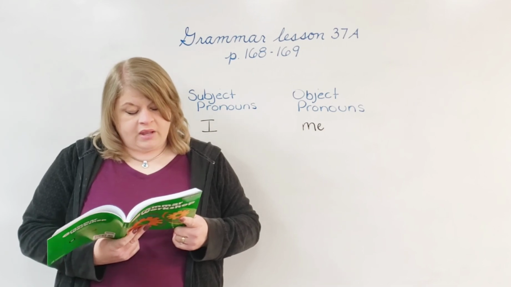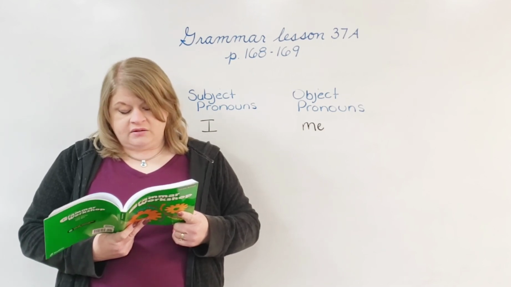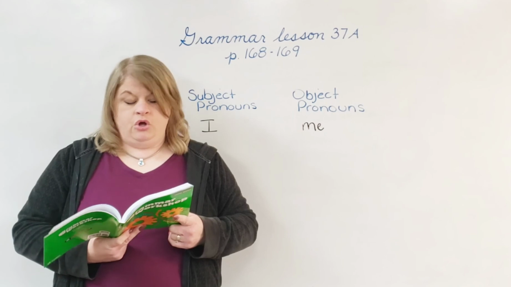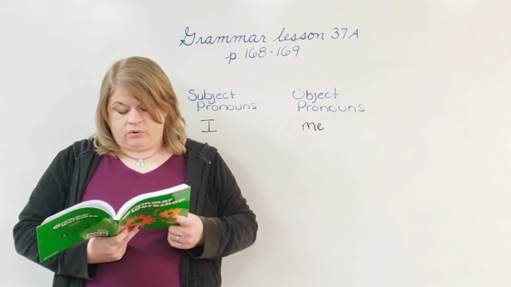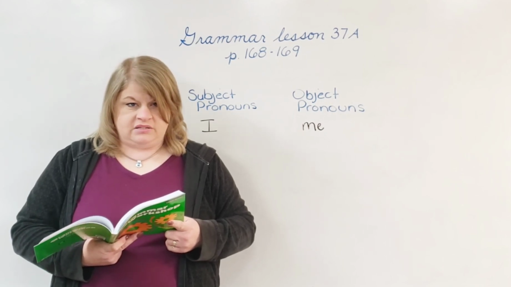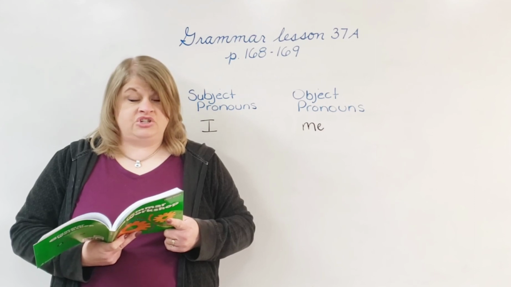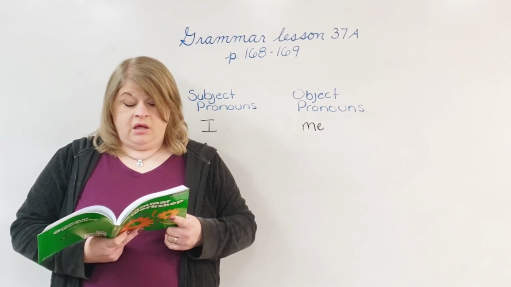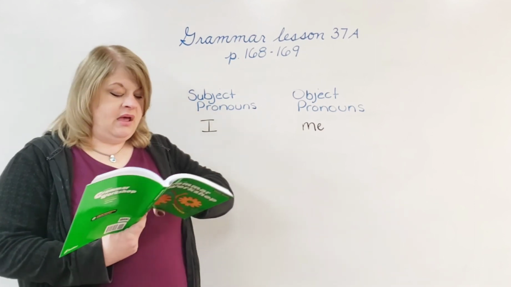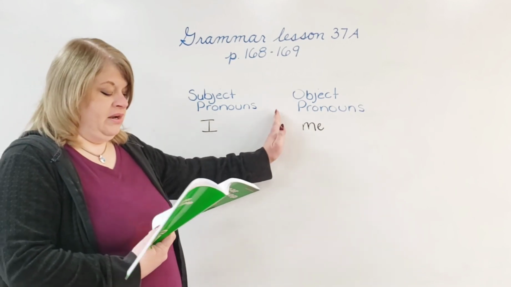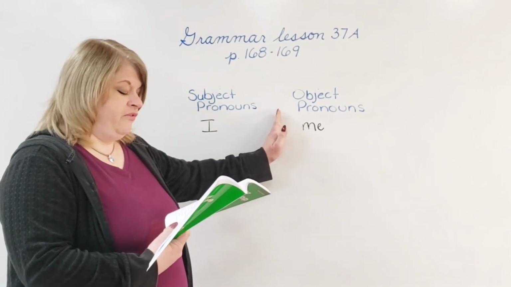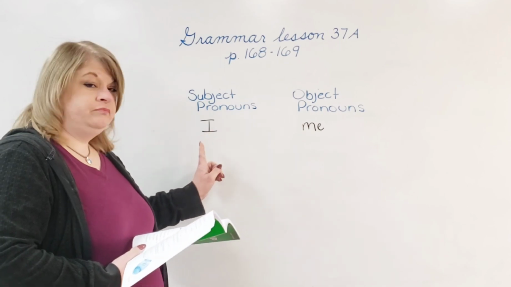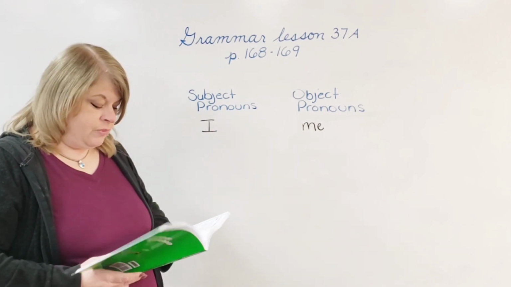Number 1, at the garage sale, blank sold my old dolls. Would you say, I sold my old dolls or me sold my old dolls? Find the action, sold. The action comes after whichever one it is. So the blank comes before it, so which one should be there? I sold, write that in.